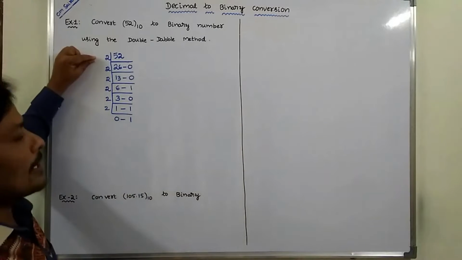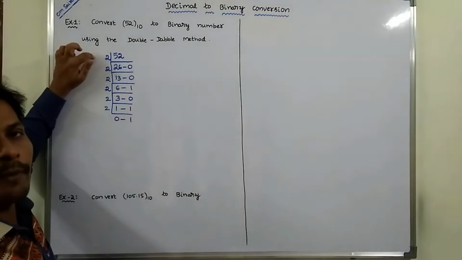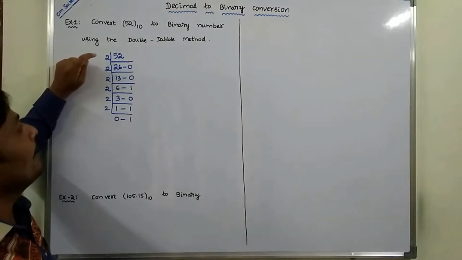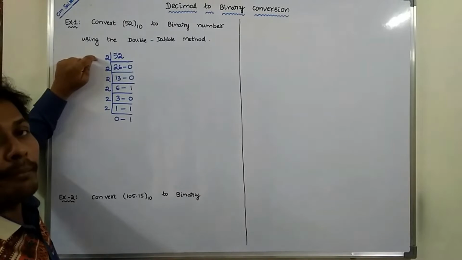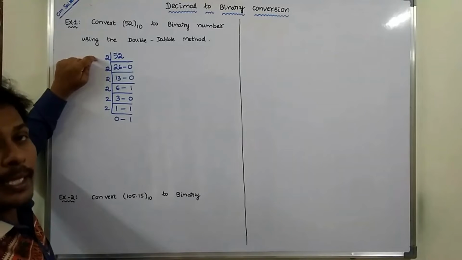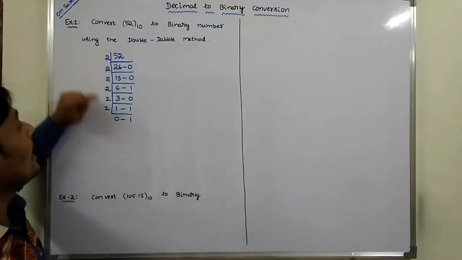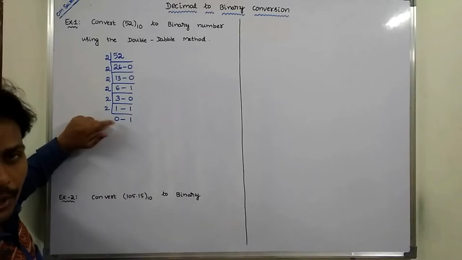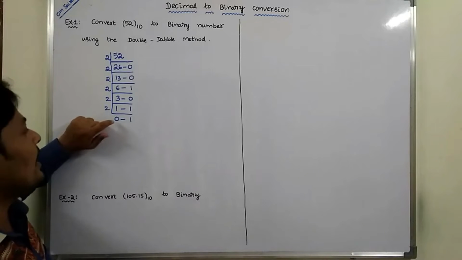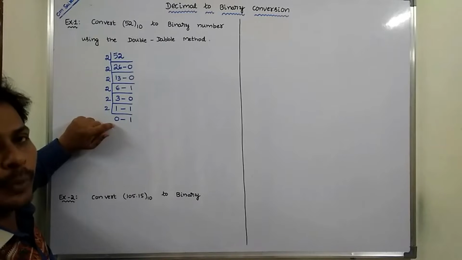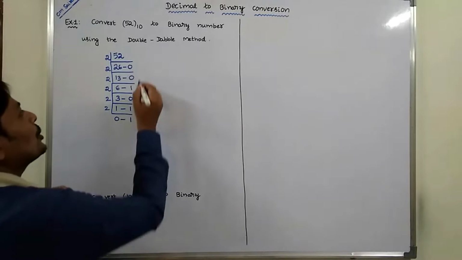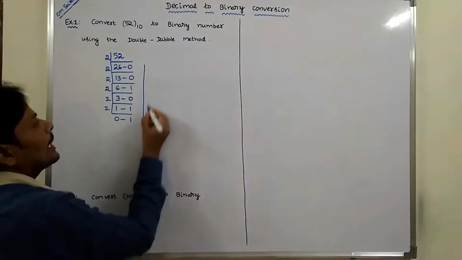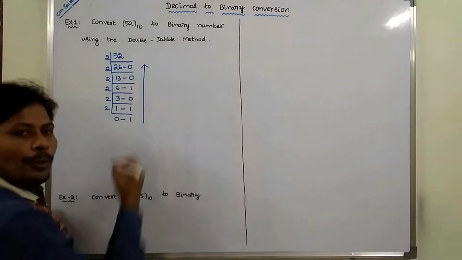In the successive division by 2 method, the given decimal integer number is successively divided by 2 until the quotient is 0. Whenever the quotient 0 is obtained, we read the remainders from bottom to top.